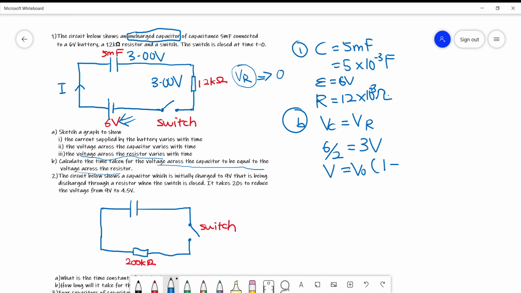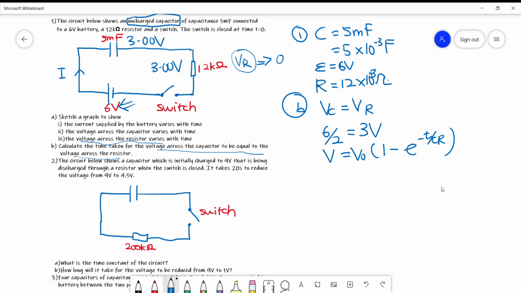So this is 1 minus e to the power of negative t over CR. This is the formula that we need to apply in order to find the time taken. So V is 3. The maximum potential difference that can be obtained by the capacitor is actually 6, since the electromotive force supply is 6 volts.